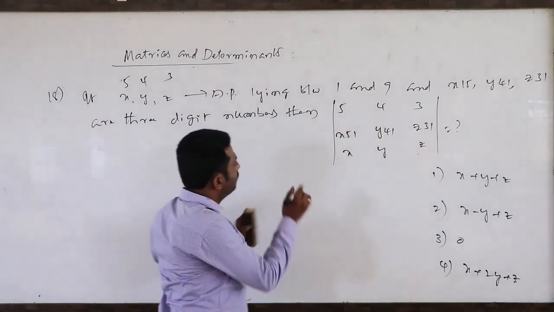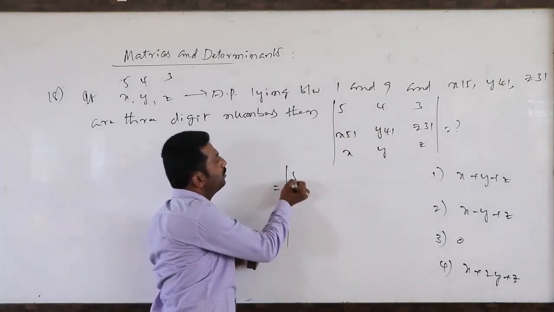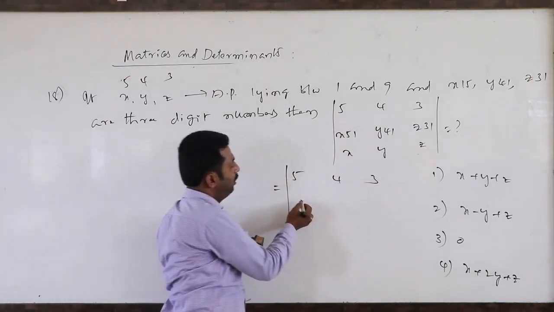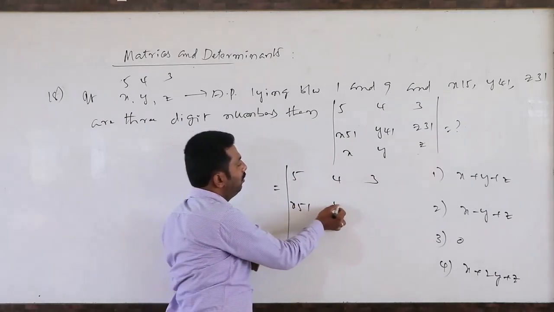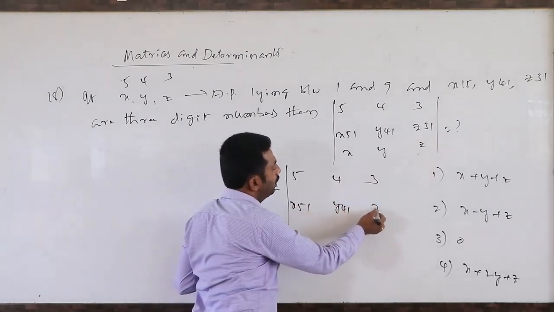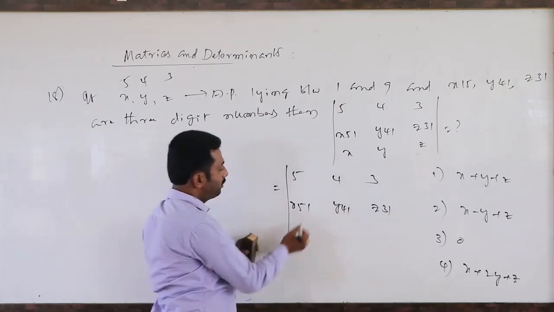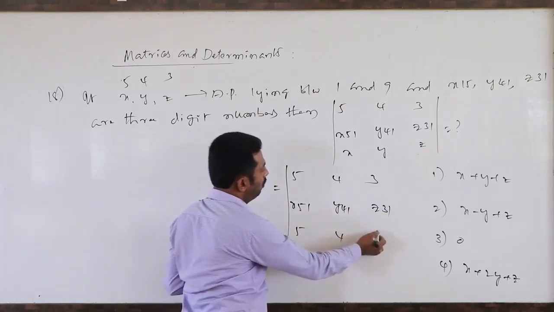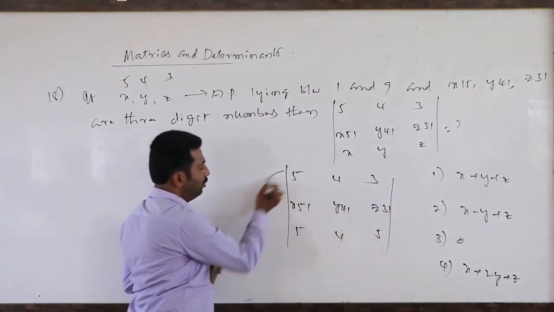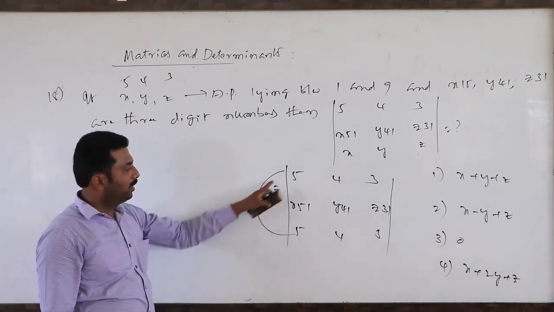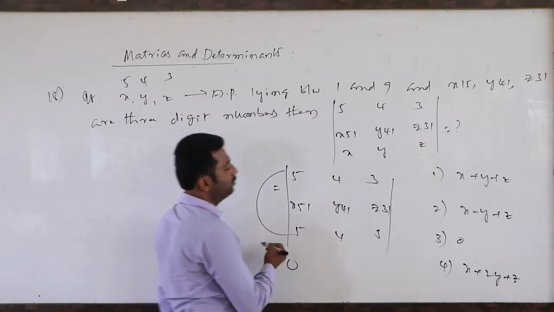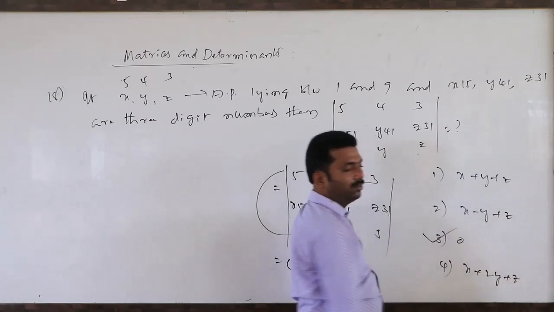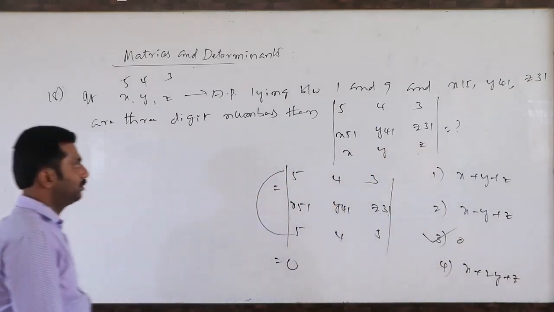So if I take this determinant, 5, 4, 3, X15, Y14, Z31, X value 5, Y value 4, Z value 3. See, these two rows are identical, then the value of the determinant will be 0. So clearly we can give the third option as the answer.